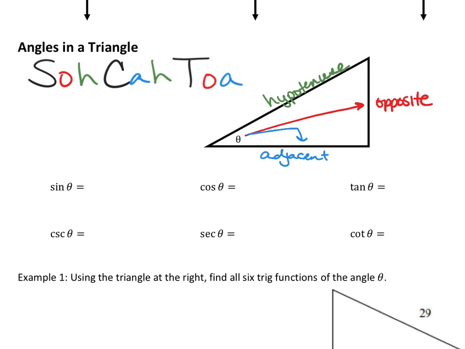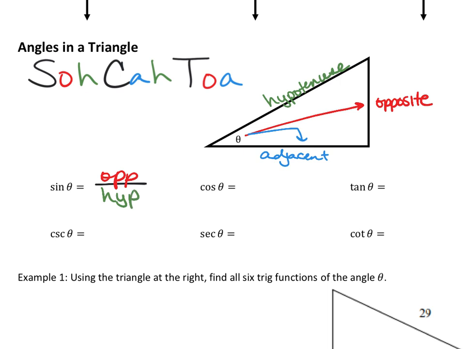So if we know a theta, we're going to be able to find all of the sides for opposite, adjacent, and hypotenuse. So to write this out in formulas, sine is the opposite side over the hypotenuse.